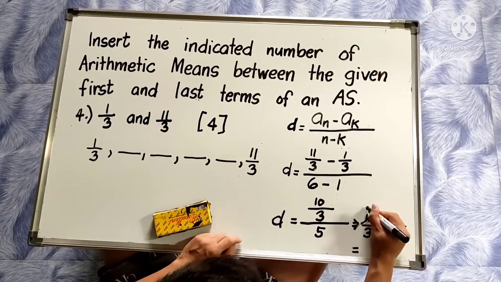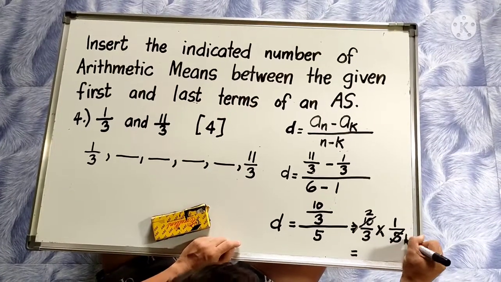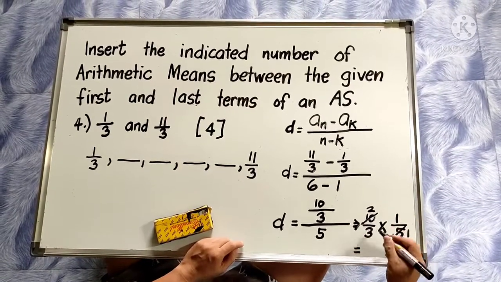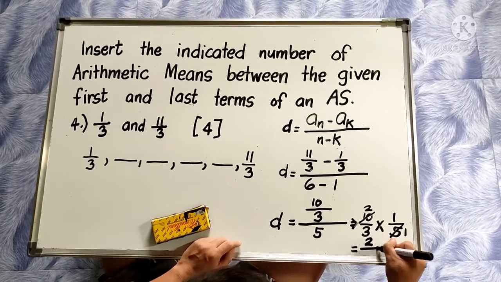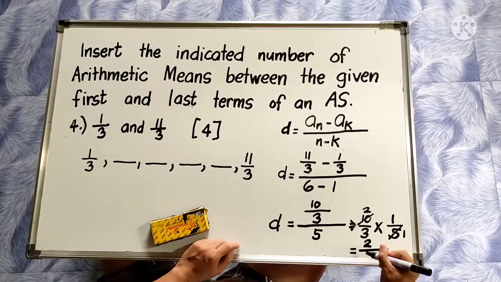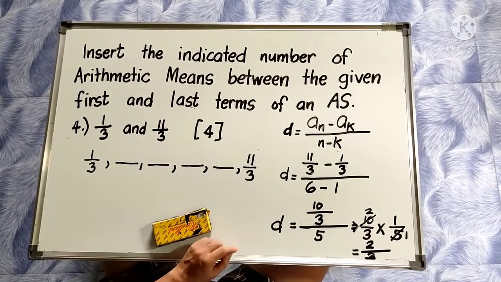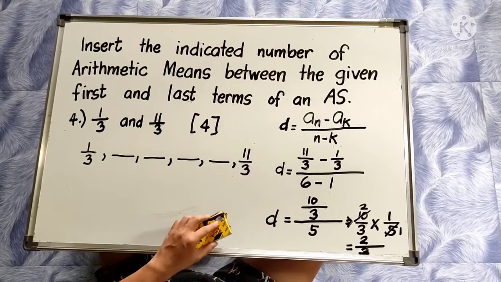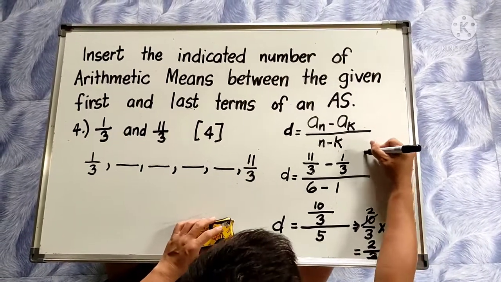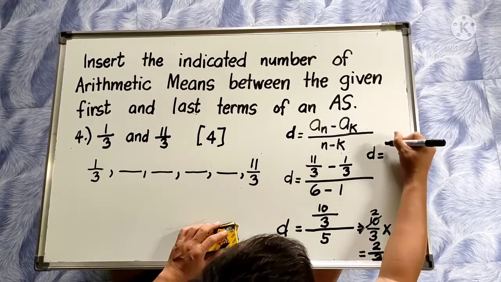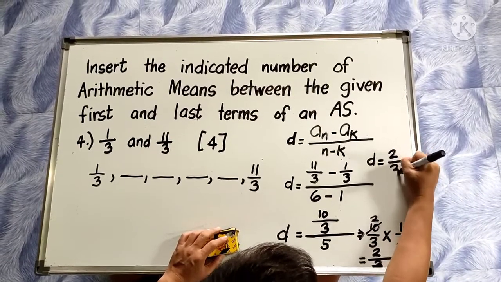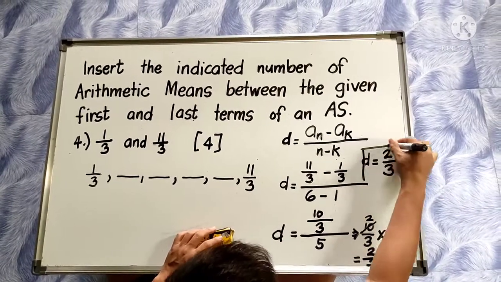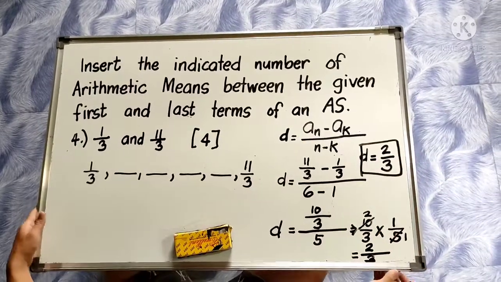So 10 becomes 2, while 5 becomes 1. 2 times 1 is 2, over 3 times 1 is 3. So, is it clear? The common difference is 2/3.